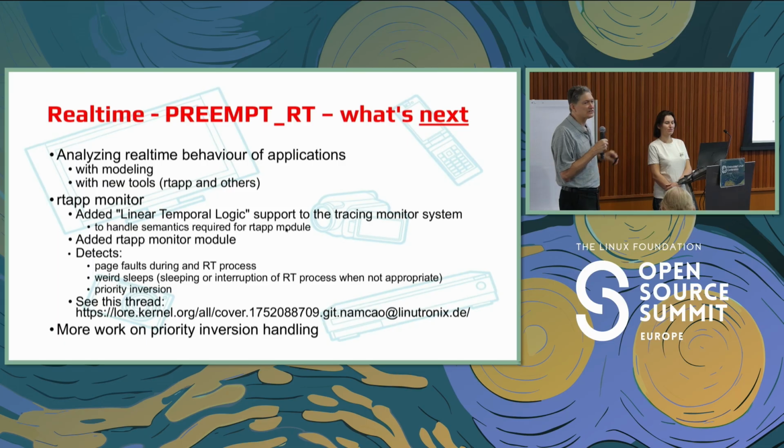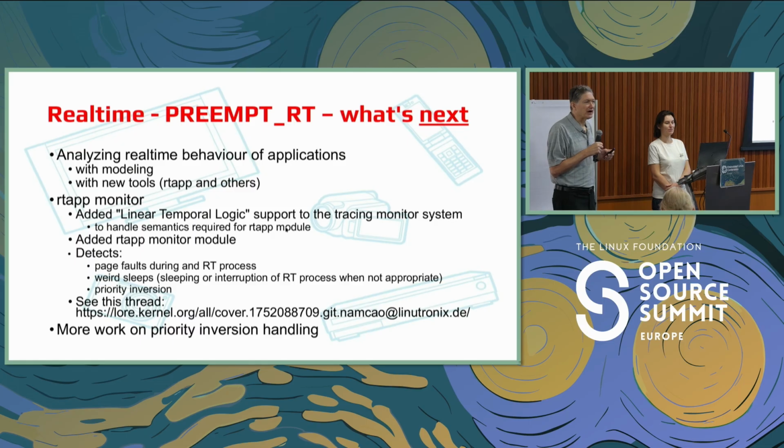One of the first ones is this RTAP monitor, which detects, for instance, page faults during a real-time process. If you've done your real-time right, you shouldn't be getting a page fault. A page fault is bad news, right? You don't know the latency of that, and you should have pre-faulted your pages in. So this can detect all kinds of things.